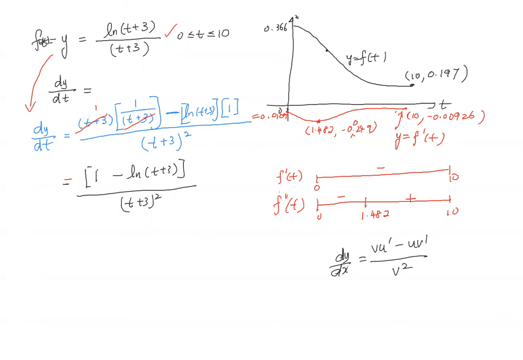Why don't you just memorize like that? Okay, then after that you can get your d2y over dt squared the same way. Top, differentiate, times by the bottom, then go on.